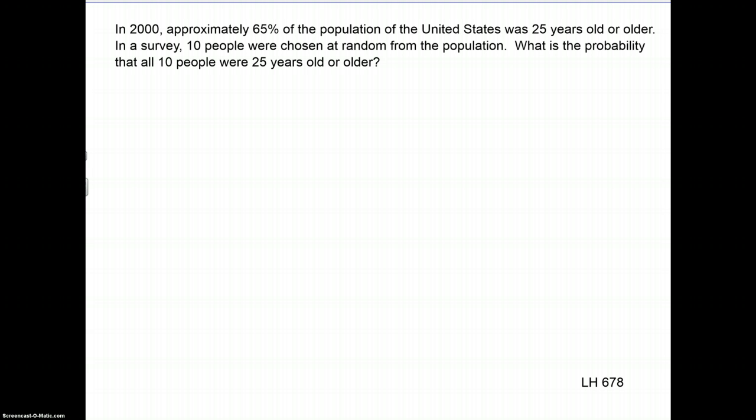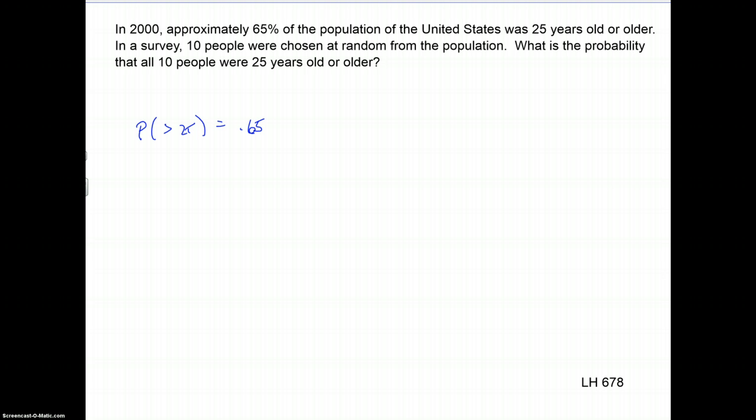So in 2000, about 65% of the population in the United States was 25 years or older. We're choosing 10 people at random, and we want to know the probability that all 10 were 25 years old or older. Given any one selection, the probability that we choose somebody who is 25 years or older is 65%, or 0.65.